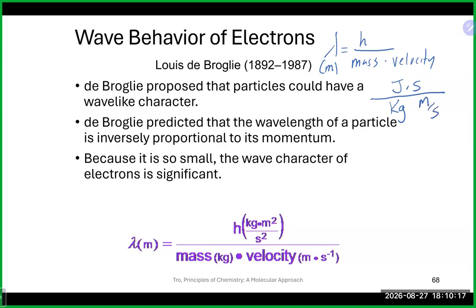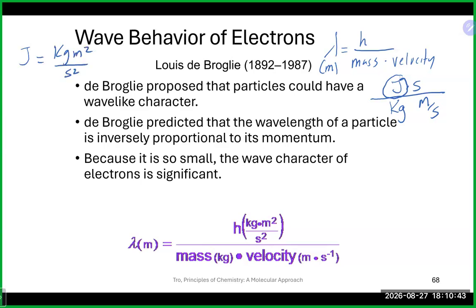The way we get everything to properly cancel out is we get rid of joules in Planck's constant. The good news is the number doesn't really change, but rather than joules times seconds, a joule is equal to a kilogram meter squared per second squared.